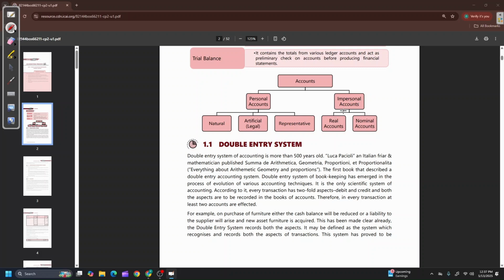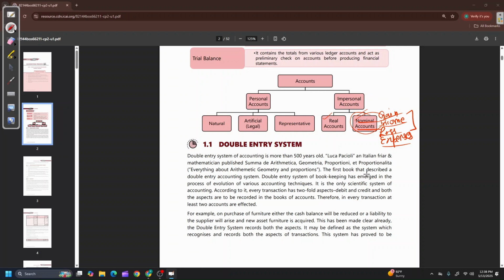And impersonal account, what? Whatever is left from here, that is impersonal account, like real account, nominal account. In nominal account: gain, income, loss, expenses, all such things will come in nominal. Gain like commission received, income like sales, loss like depreciation, expenses like rent paid, salary paid. All these kinds of accounts come in your nominal account.